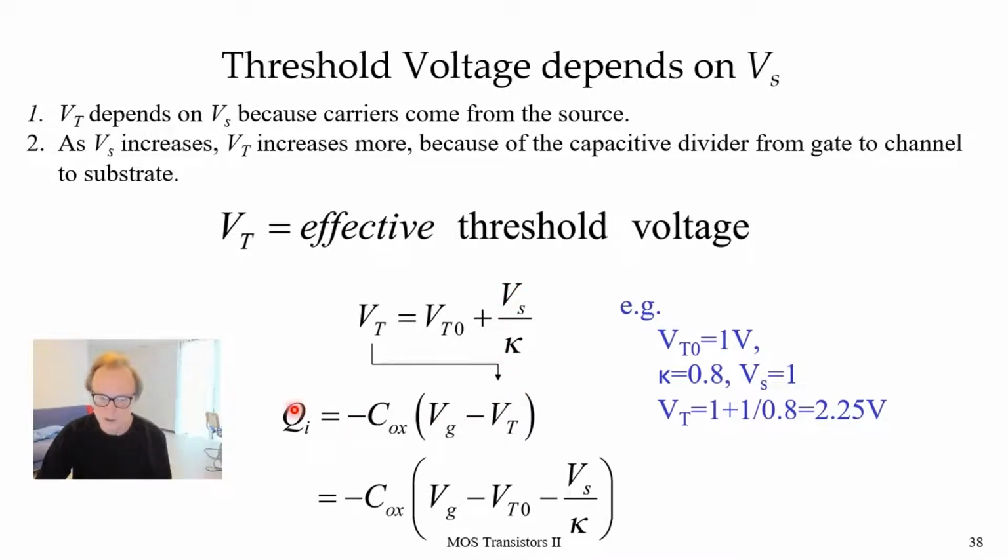So the inversion charge here is going to be Cox times Vg minus Vt, where Vt is actually a function of the source voltage. If you actually write it out, it becomes Vg minus Vt0 minus Vs over kappa. And sometimes you need to use this to estimate the actual threshold voltage as you go above threshold.